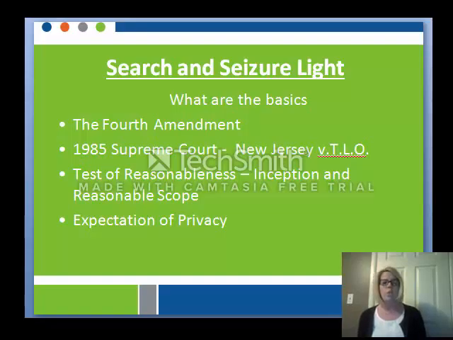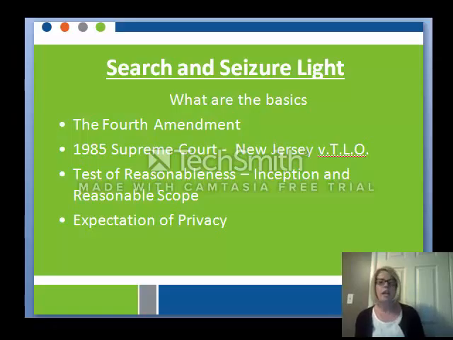The second question is, was the search reasonable in its scope? What this means is, is the type of search that was conducted reasonable given the circumstances? So what was the alleged infraction? How old was the student? What was the sex of the student? When we're discussing reasonableness, we need to consider both the inception and the scope of the overall search and seizure.